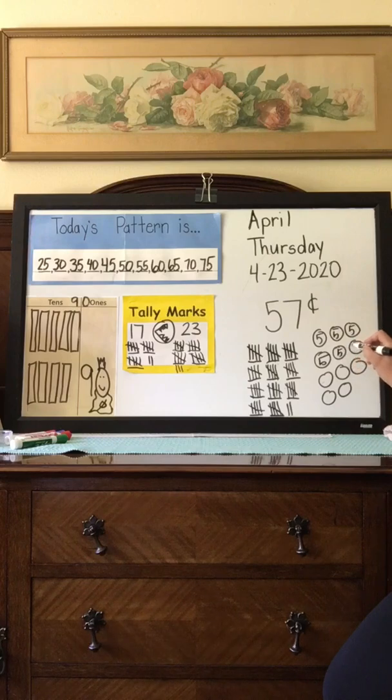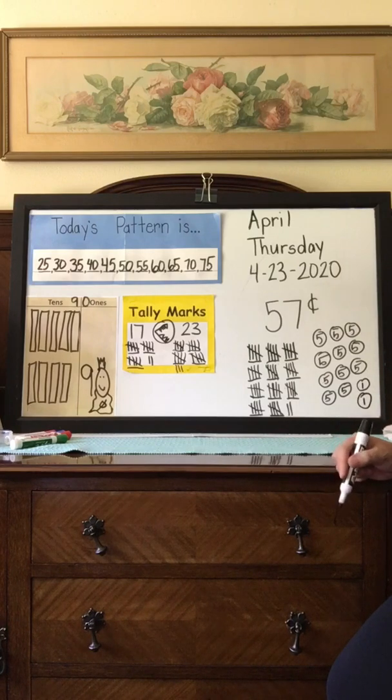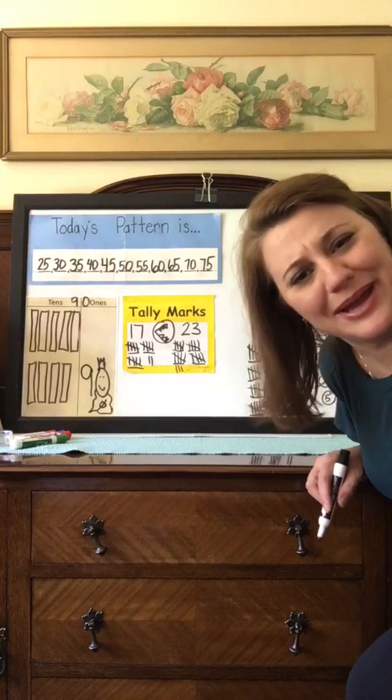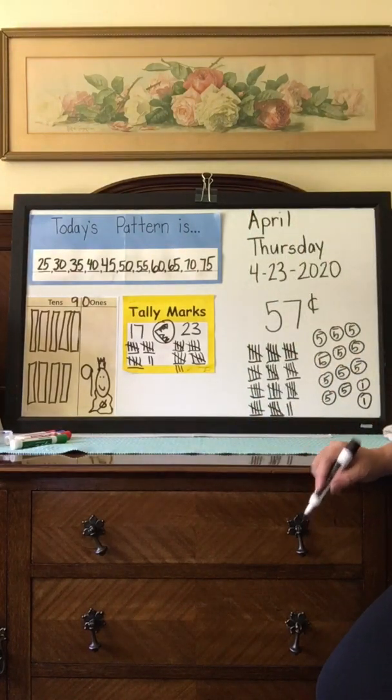If we were at school, we would sing all of our money songs off of our CDs about nickels and dimes and pennies. Unfortunately, we're not at school. And then we would have 2 left over, 2 1s left over, which are 2 pennies. So help me count this by 5s, looking at the nickels and pennies. There's no dimes. Let's see if we get to 57 cents.